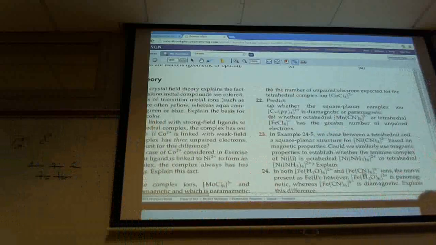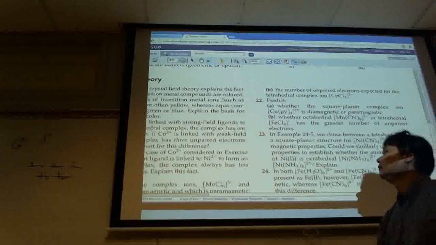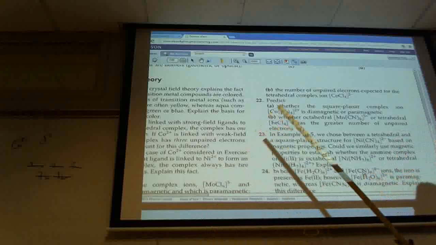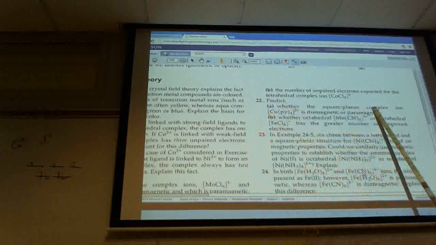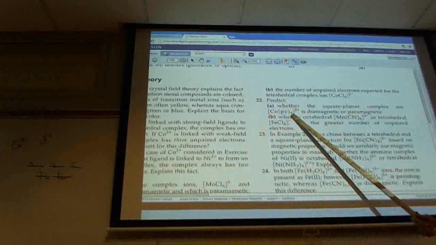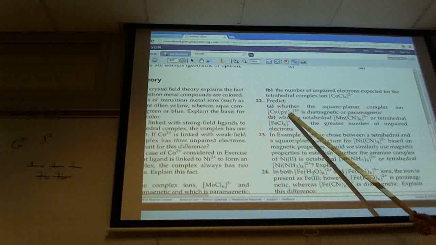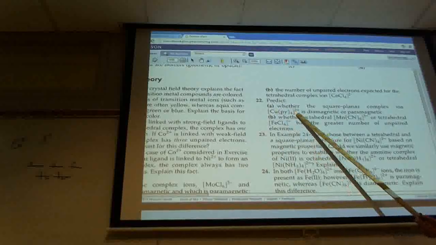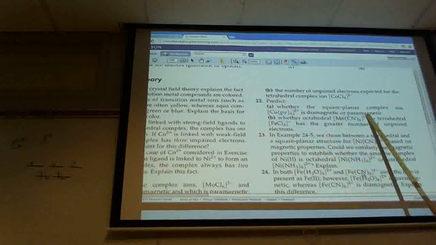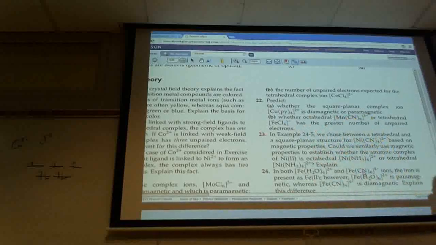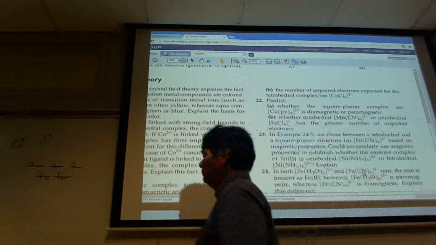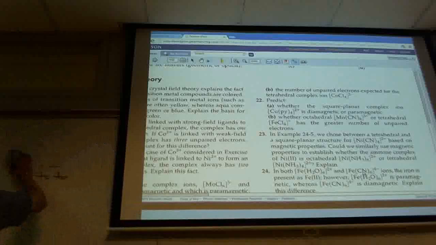We might as well finish all these. I think I assigned all. Predict whether the square planar complex tetrapyridine copper 2 is diamagnetic or paramagnetic. Okay. Tetrapyridine copper 2.